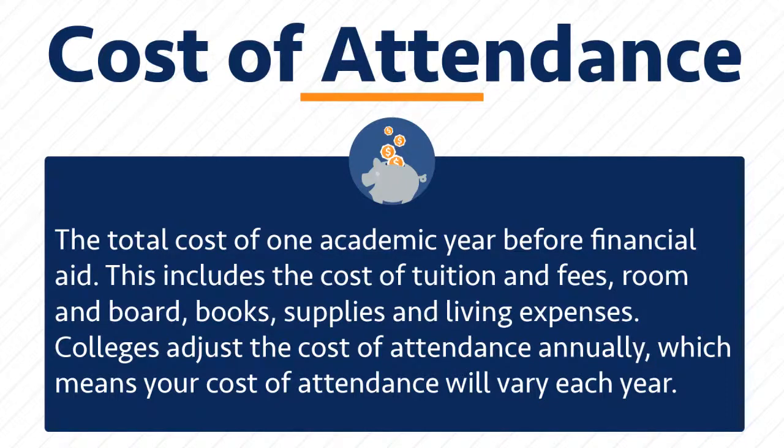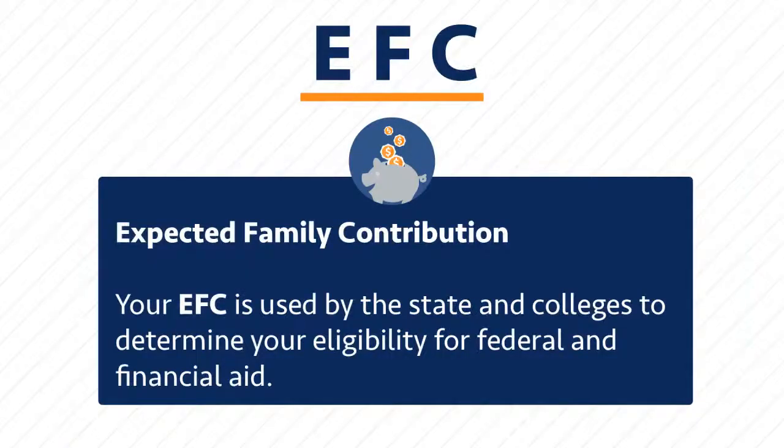The other big factor that comes into play with figuring out how much you're going to be paying, how much you're going to need to take out in loans, how much grant money you can expect, is the expected family contribution, or EFC. There's actually a lot of sites out there that can help you calculate an expected family contribution. There's a lot of information on our website about the EFC as well that can link to that.